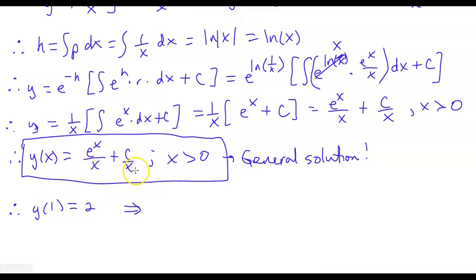And so all we got to do is just plug that in now. So we'll have e raised to the 1 over 1 plus c over 1. All that's equal to 2. So that just means that e plus c is equal to 2, which means c is 2 minus e.